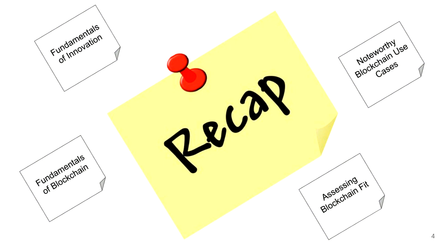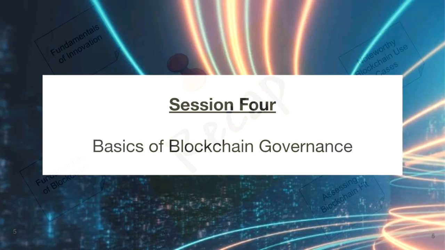We talked about the fundamentals of blockchain, and how we can assess an idea or a business's fit within a blockchain. Then we looked at some noteworthy use cases last class, like Bitcoin, Ethereum, and exchanges. And then we looked at some anticipated use cases, like digital identity and art authentication. So again, I'm not going to go into anything here, and I'm not going to call on anyone. But let's get into today.